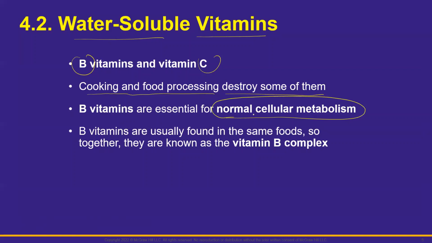They are usually found in the same food, so together they are also known as vitamin B complex. There are several types of vitamin B, and all of them are considered vitamin B complex.